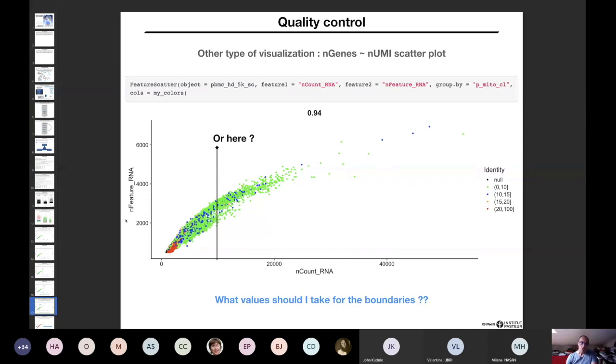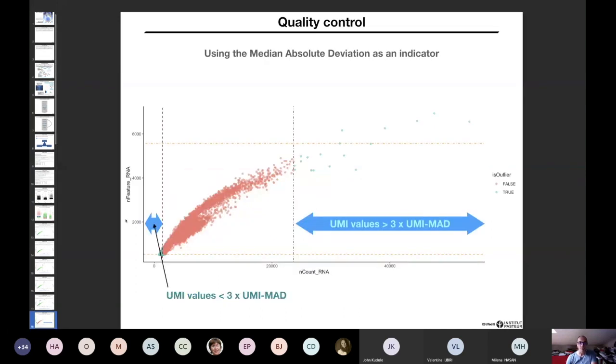Okay, so we can use a metric for that, which is the median absolute deviation. Basically, this threshold, and these red dotted lines here, delimit the cells that are within 3 times the UMI MAD.